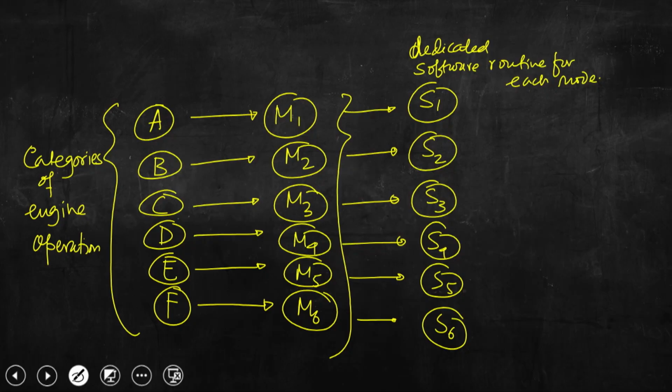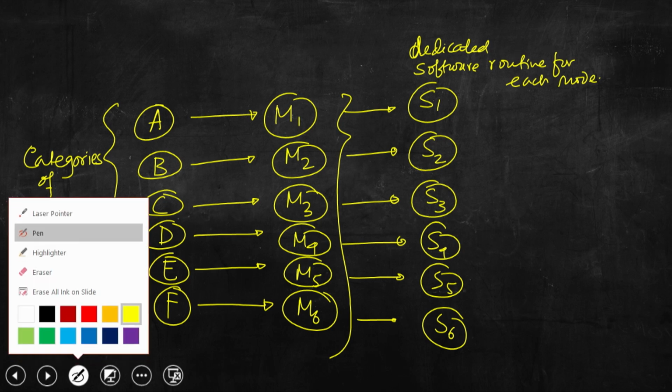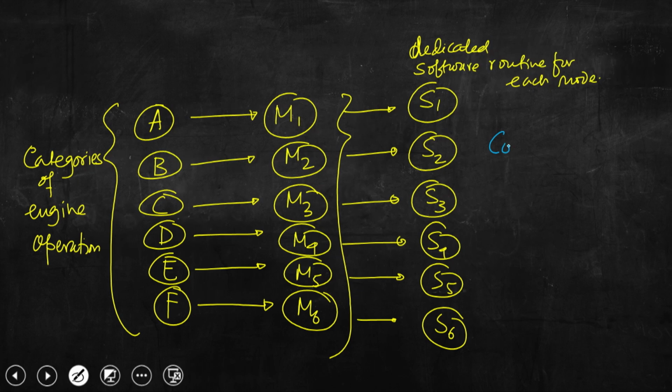Now, the question is the control system. The control system will house all these software routines to control all these modes, which in turn control all these categories of operation.